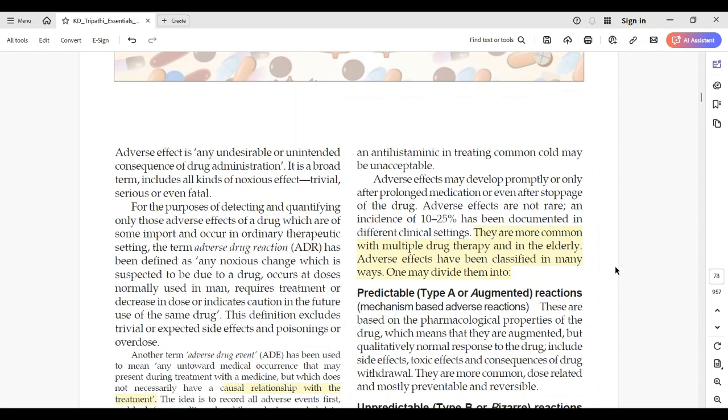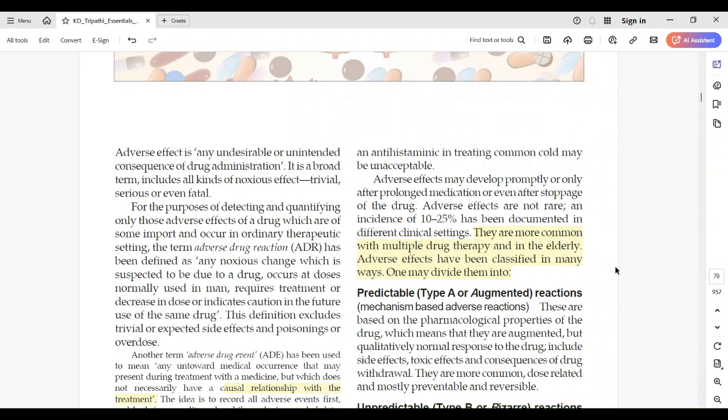So when we take multiple drugs, the possibility of adverse drug reaction becomes higher, and in elderly patients also. In the elderly, metabolism is not as strong in comparison to young patients, so they are also more susceptible to adverse drug reactions.